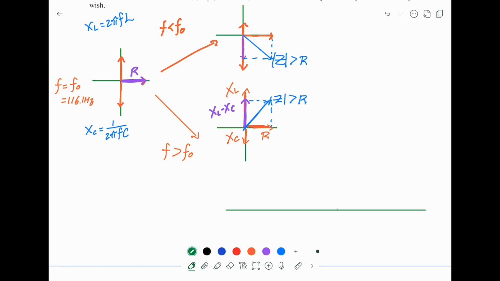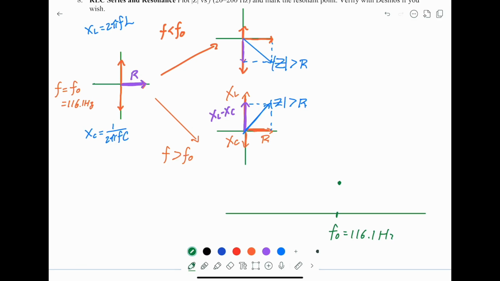Okay, now if this is our resonant frequency, in this case 116.1 Hertz, and you plot the y-axis as your impedance, it will be minimum, and then when the frequency is larger or smaller than this one, the impedance will be bigger.